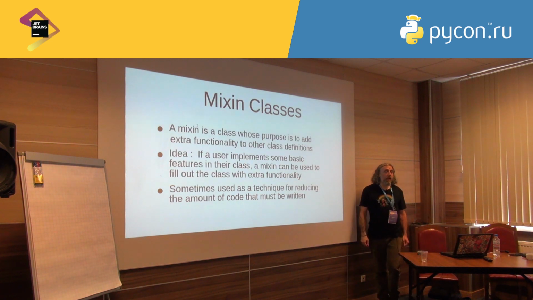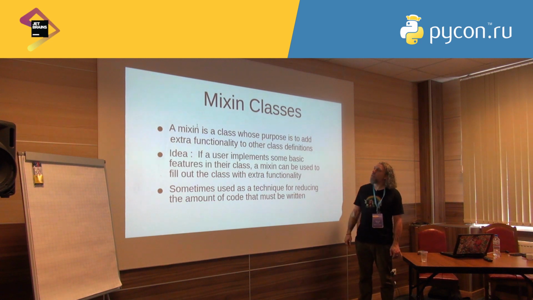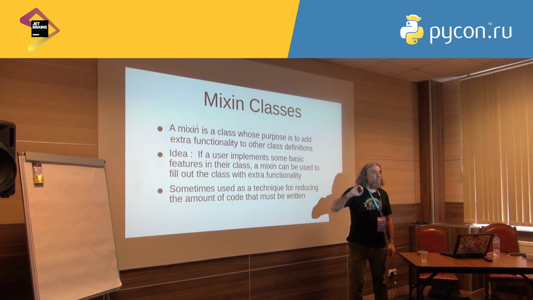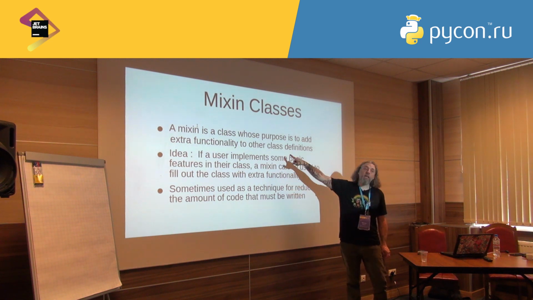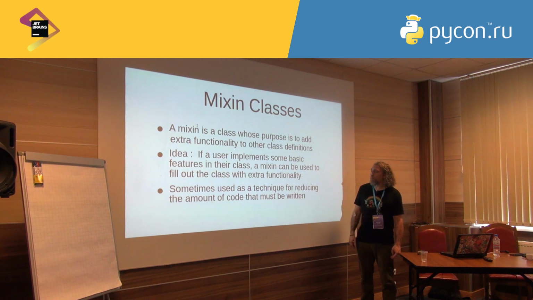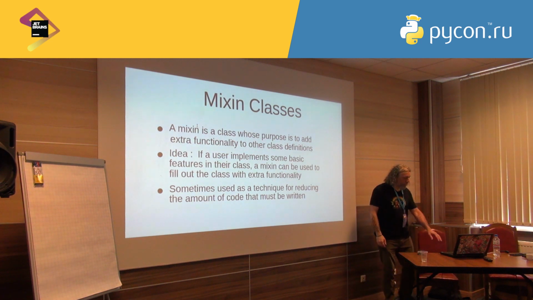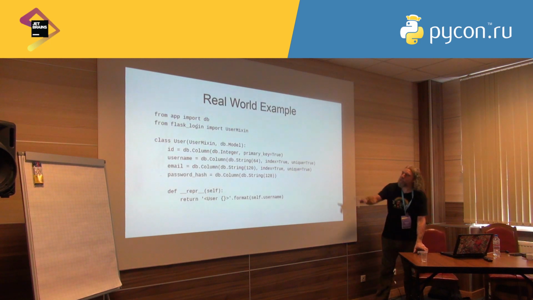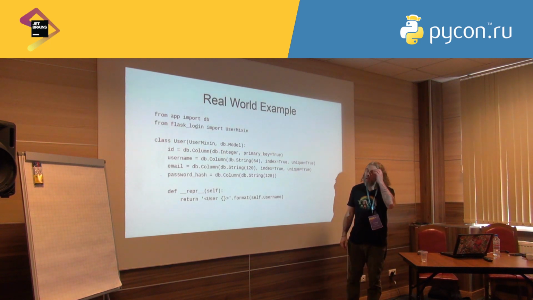One of the ways is via mixin classes. And a mixin class, the purpose of the class is to mix in extra functionality to another class. And they're very common. They're very common indeed.